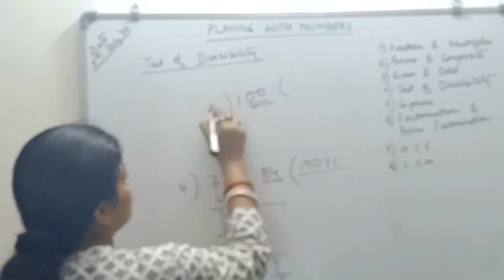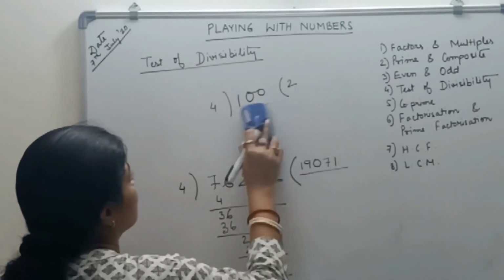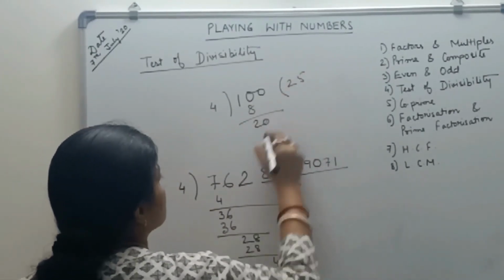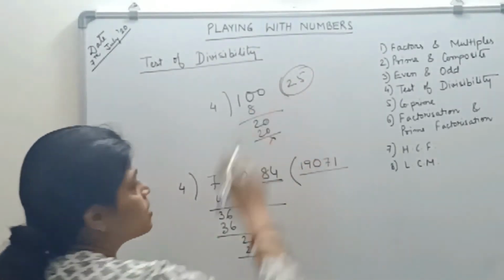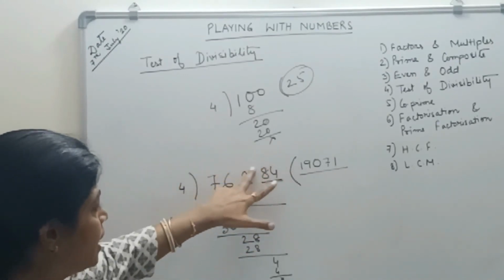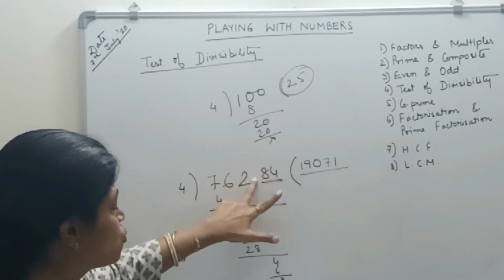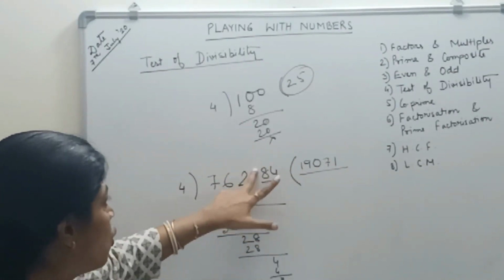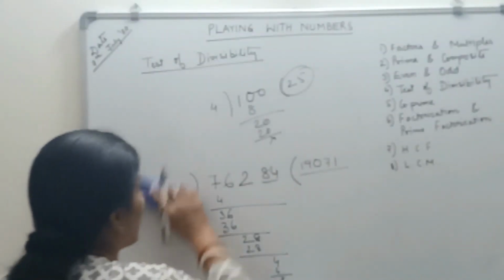Similarly, if I do this one, 4 twos are 8, so 20, 4 fives are 20, so 25. It's divisible. So what we came to know: if a number is divisible by 4 or not, I can say if the last two digits making a number are divisible by 4, or the last two digits are 0, then the number is divisible by 4.